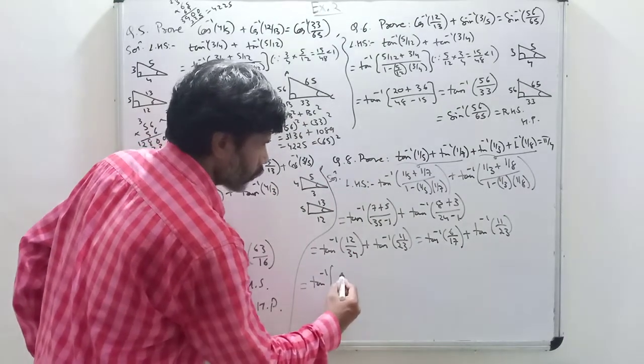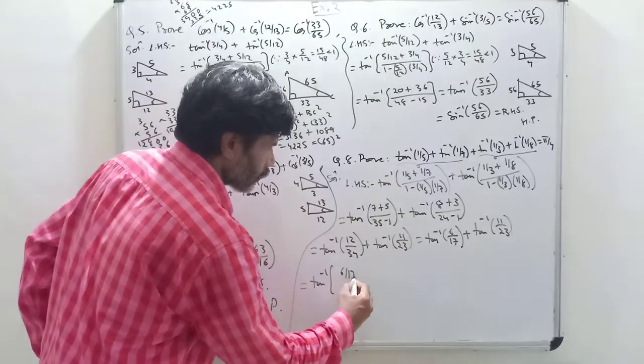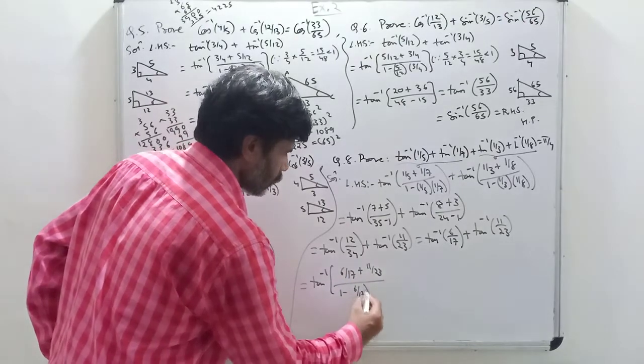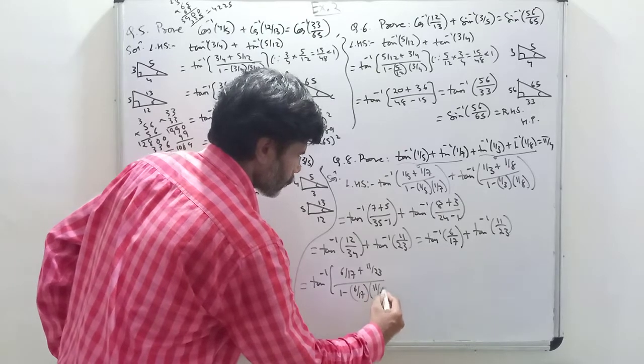Tan inverse of (6 by 17 plus 11 by 23) upon (1 minus 6 by 17 into 11 by 23).